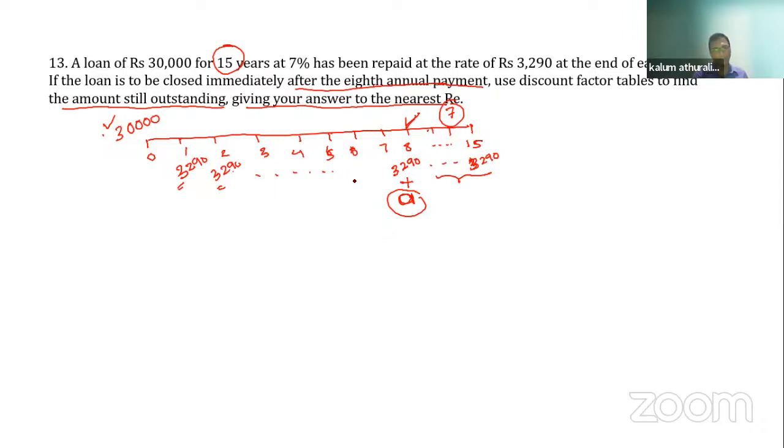They ask what is the value of A. That is the question: with the 8th year payment, how much do you have to pay as the balance payment?